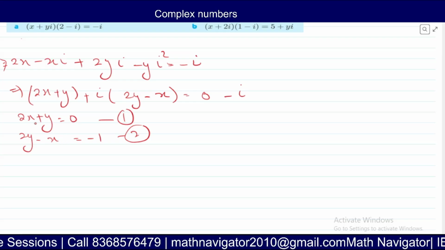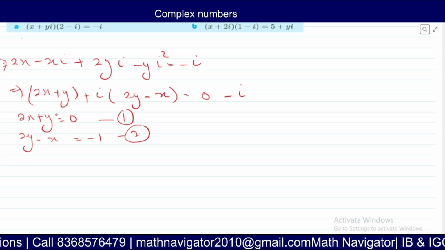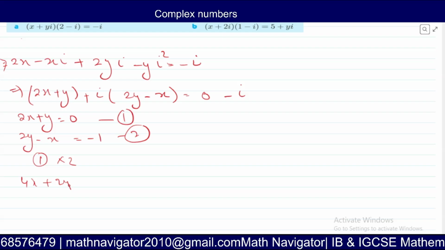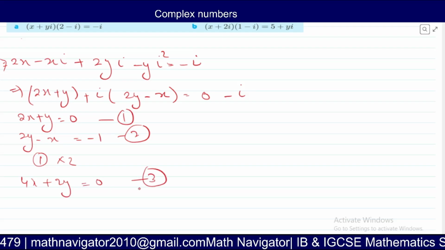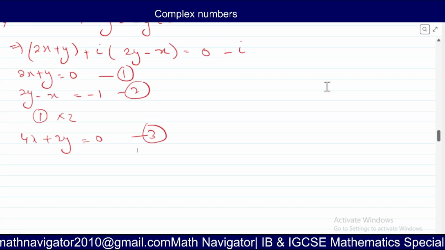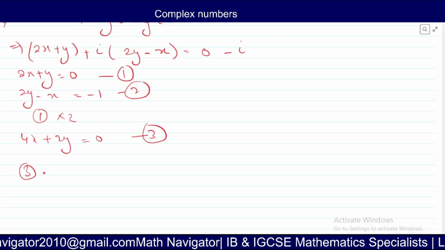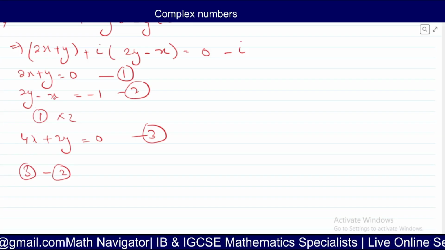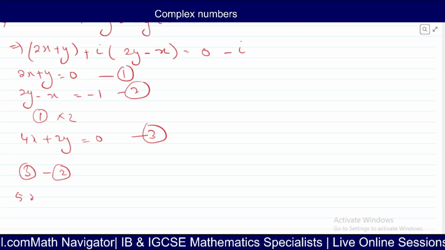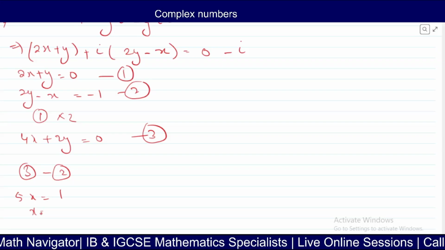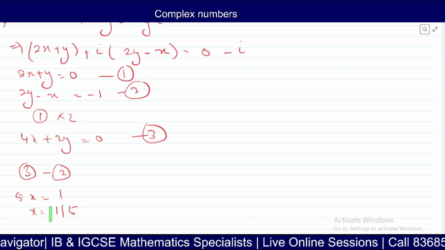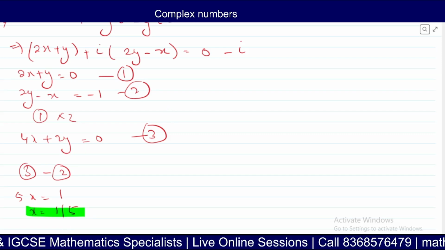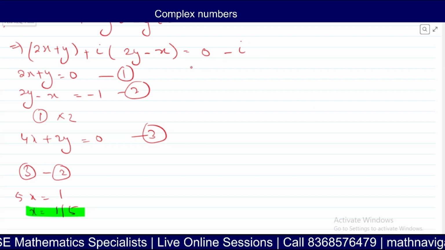In order to solve this, I need to multiply this with 2. So I'm doing equation 1 multiplied with 2. So 4x plus 2y is equal to 0. This is equation 3. So equation 3 minus equation 2: 4x plus x is 5x, which is equal to 0 plus 1. So x is equal to 1 by 5. And then if x is equal to 1 by 5, I can find the value of y.